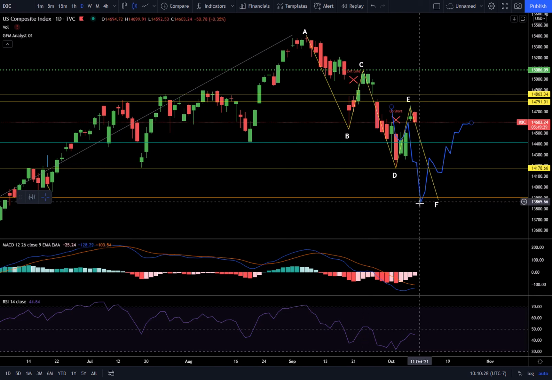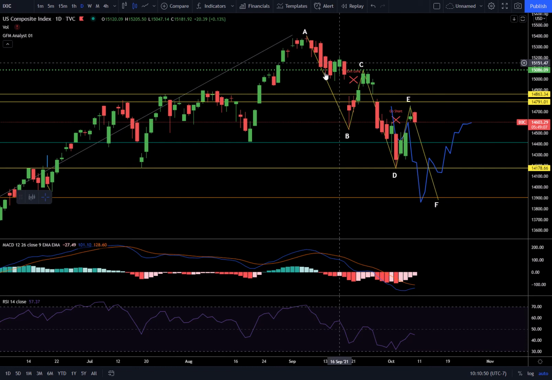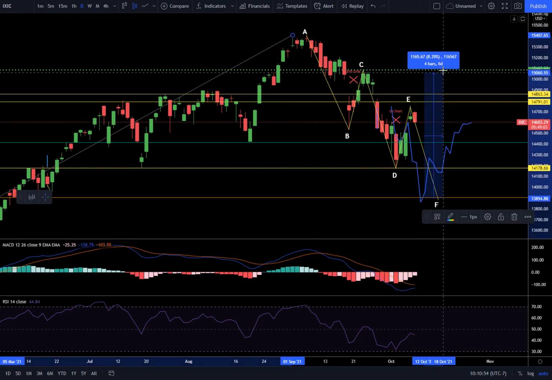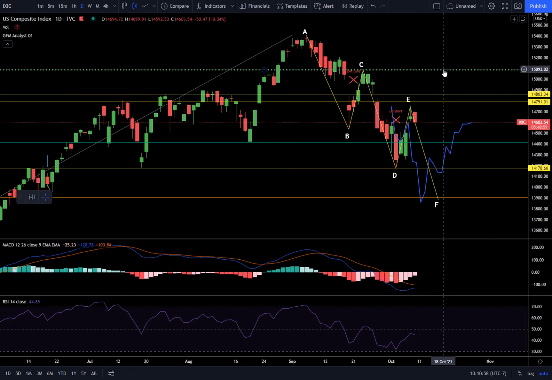So once we hit that level of 66.66%, or based on Elliott wave point F, or again based on the blue line that I have drawn, all three points suggest that low or the bottom, we should expect a medium-term target around mid November to touch 15,086, and if we calculate that, it should be around 8% growth from that bottom.